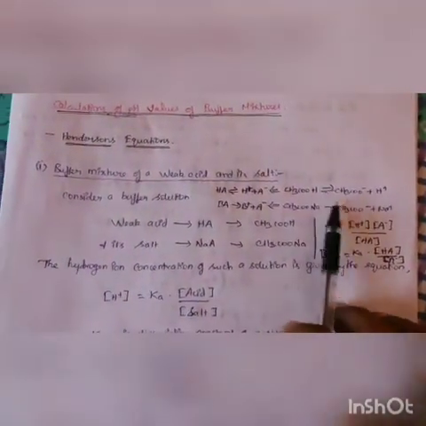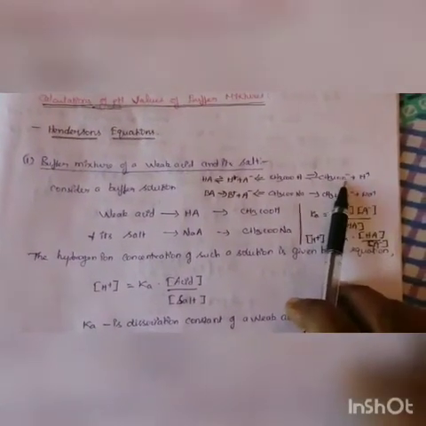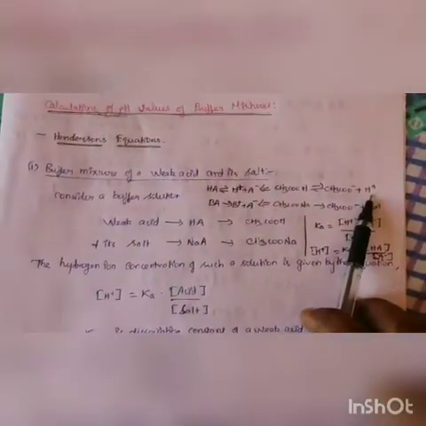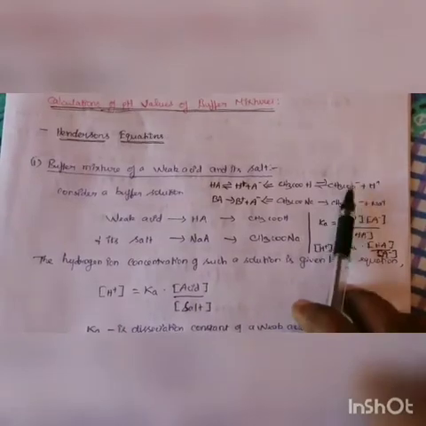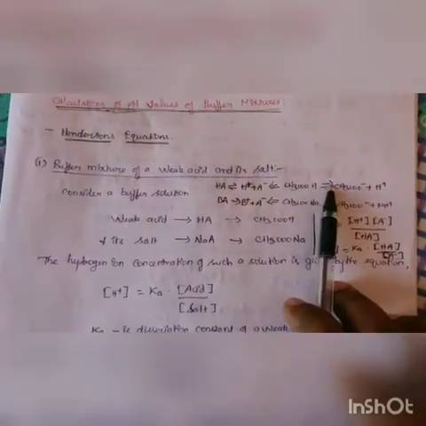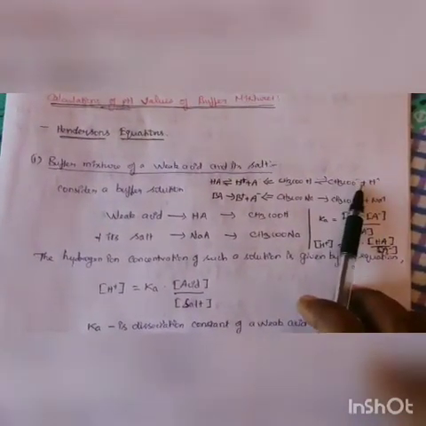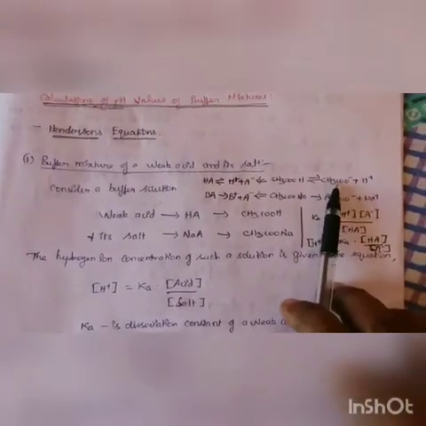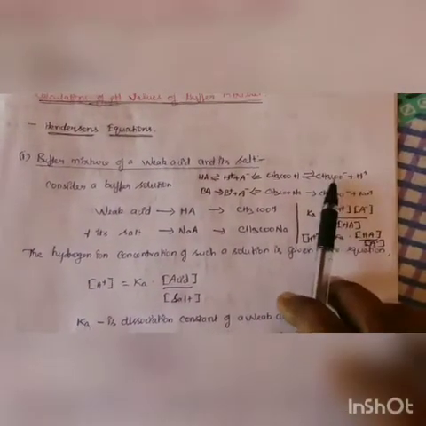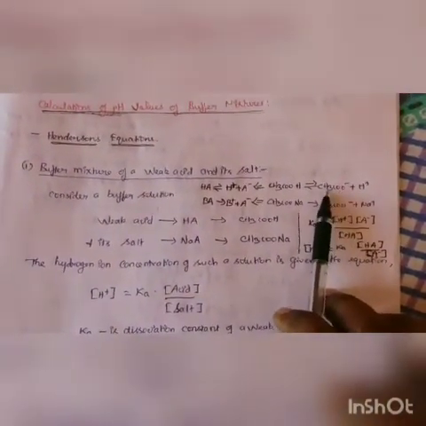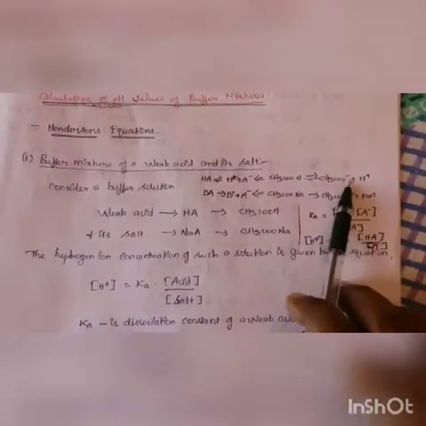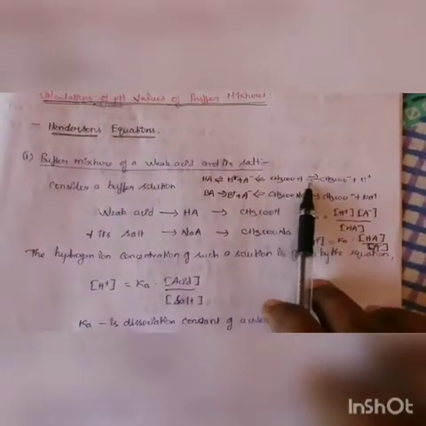The weak acid dissociates into CH3COO minus and H plus. It does not dissociate completely, so some of the acid will dissociate, and some of the acetate ions and H plus recombine to form acetic acid.